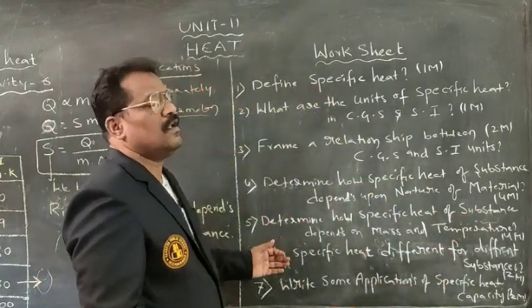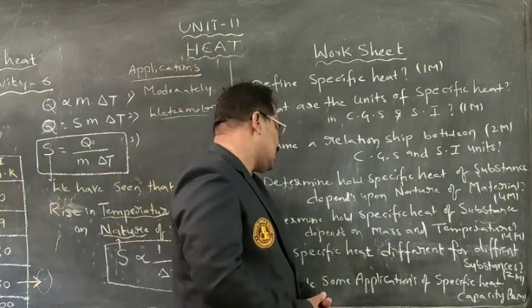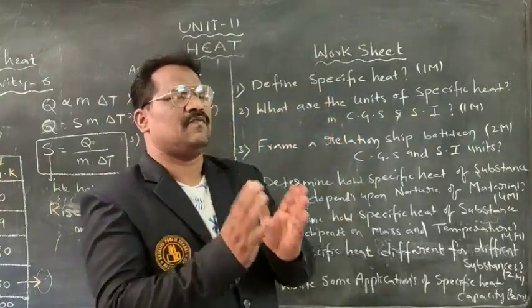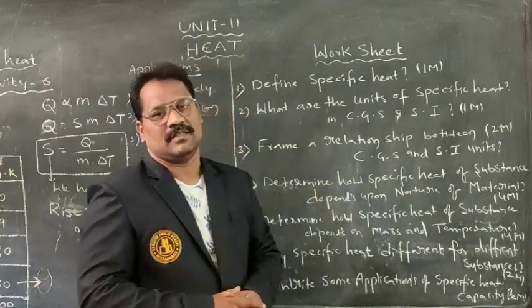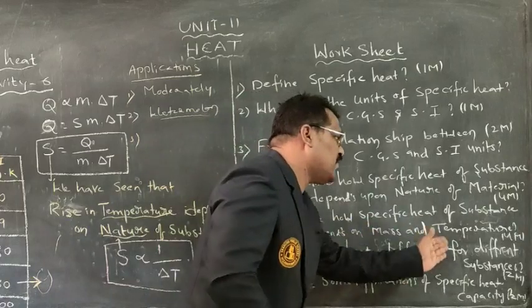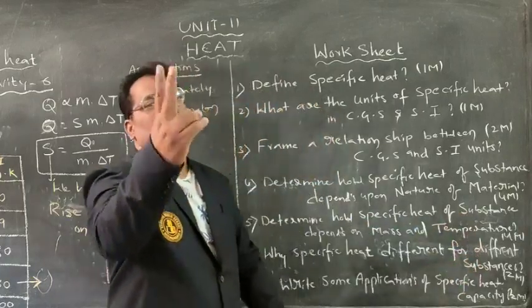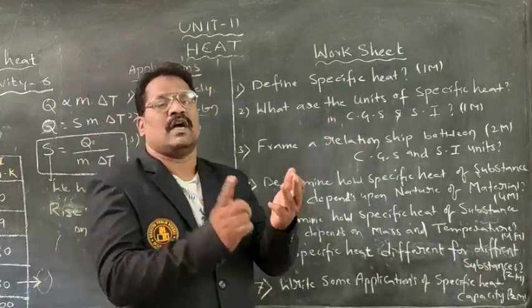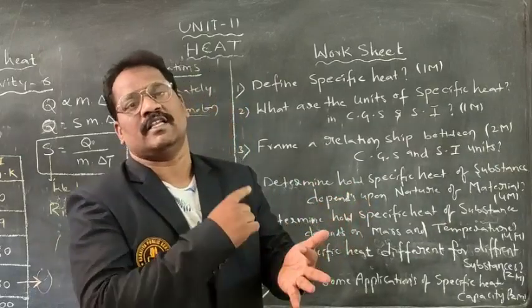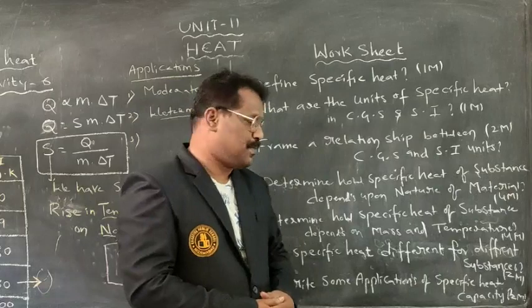Not only that, within this concept, why does the specific heat of a substance differ for different substances? For a 2 mark question you can be asked that, due to linear, rotational, vibrational as well as potential energies.